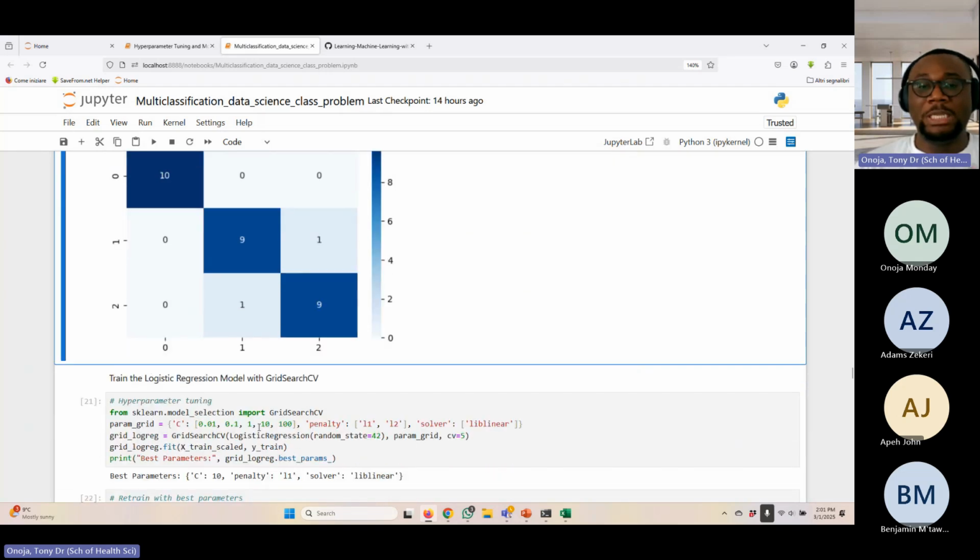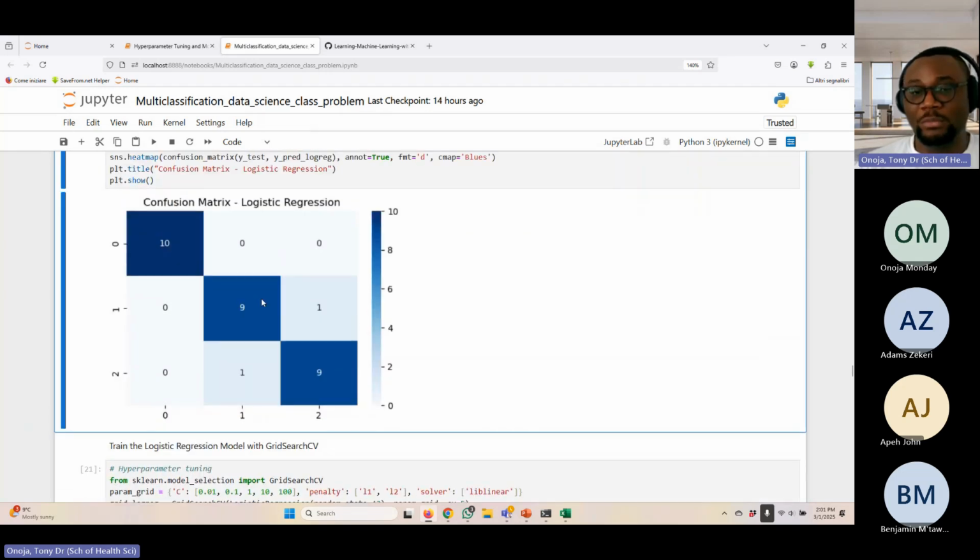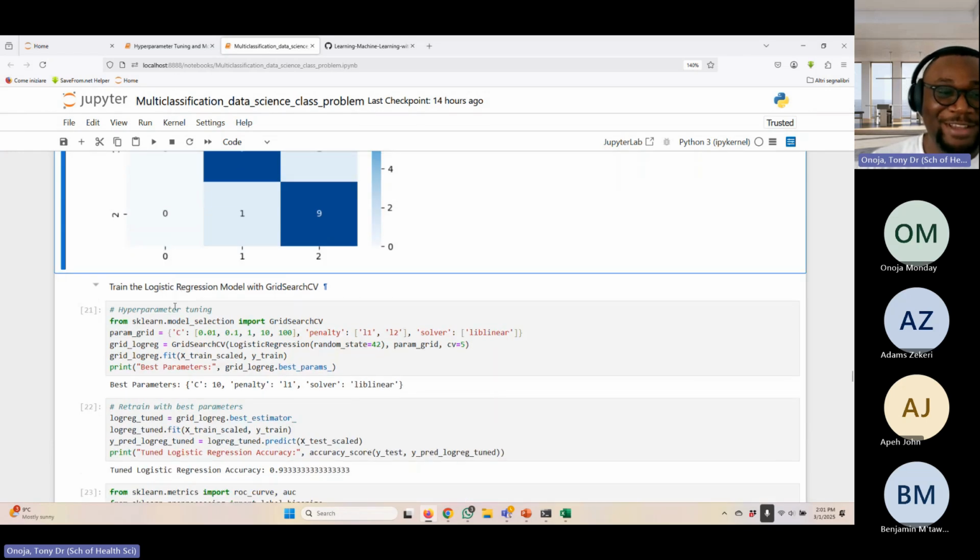So you could see the confusion matrix really tells you a lot about what you got right and what you missed out. Especially when you are dealing with multi-class, like 3 classes, I think the confusion matrix is good. But when the classes begin to increase, sometimes it's kind of difficult to interpret it.